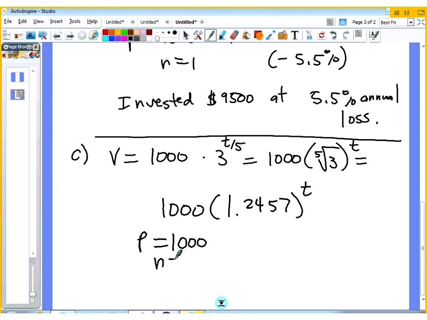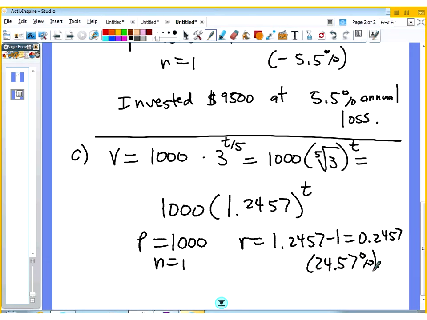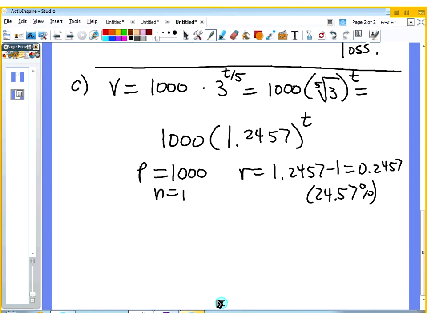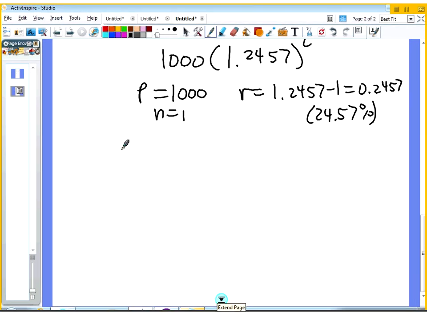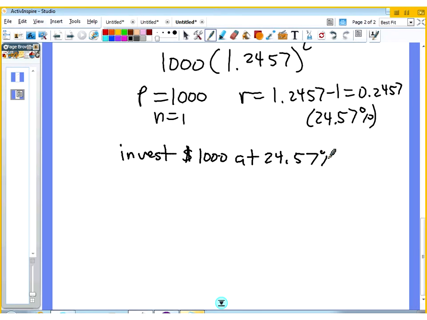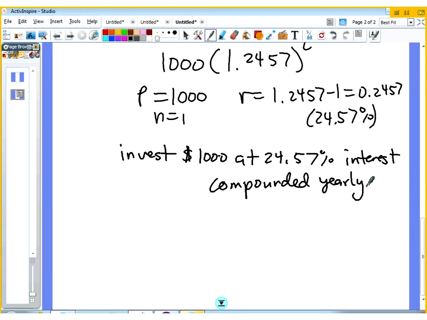So you have a P of 1,000, an n of 1 again, an r of 1.2457 minus 1, or 0.2457. So it's a 24.57% interest rate. So basically you could say this is invest $1,000 at 24.57% interest compounded yearly.